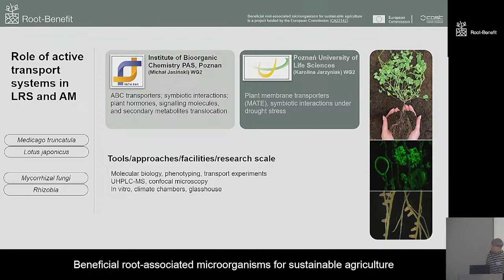This research is conducted by two groups from the Institute of Bioorganic Chemistry, Polish Academy of Sciences, Poznań, and Poznań University of Life Sciences. The group led by Michał Jasiński, my boss, is focused on ABC transporters from Medicago truncatula and their role in symbiotic interactions by translocating plant hormones, particularly cytokinins, but also signaling molecules and secondary metabolites.